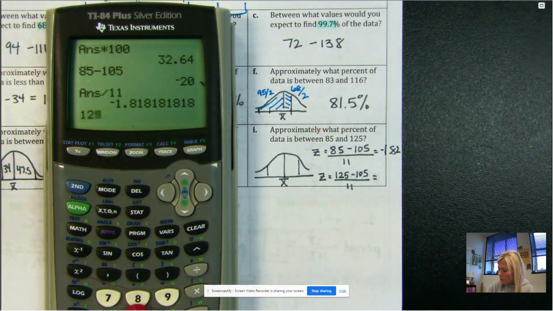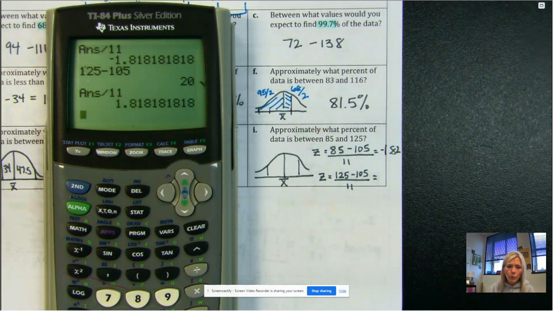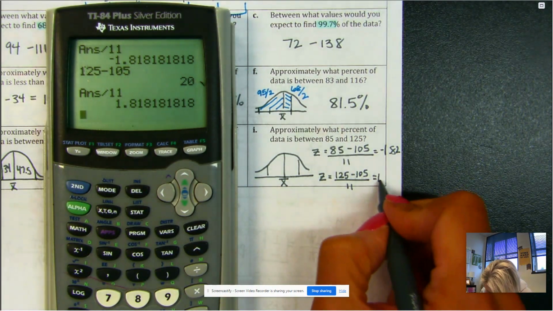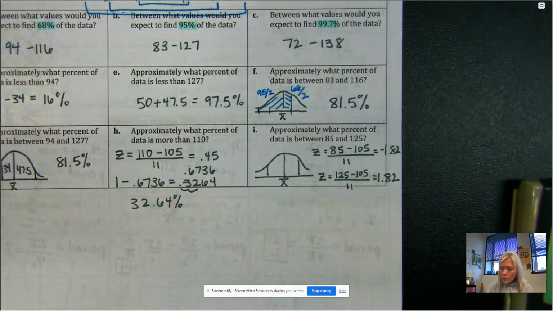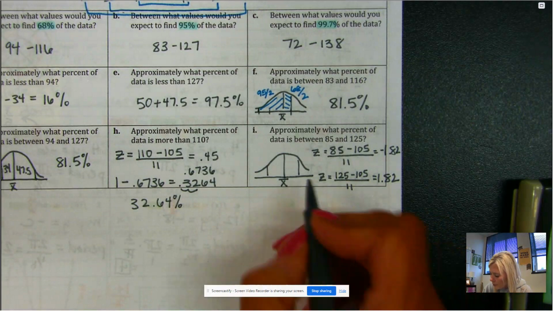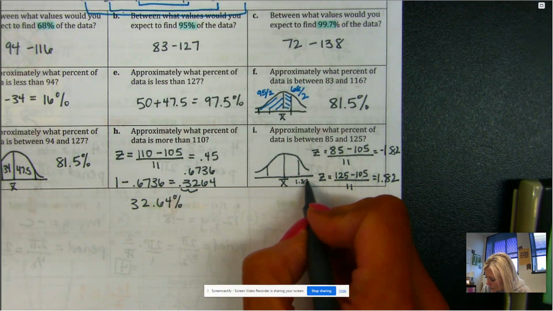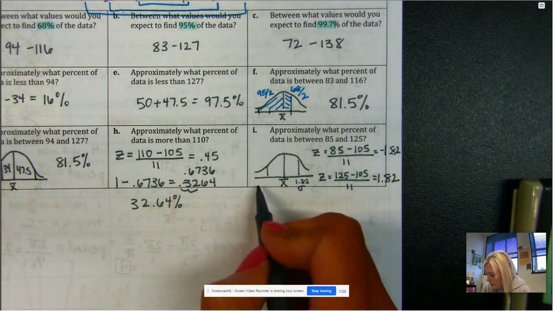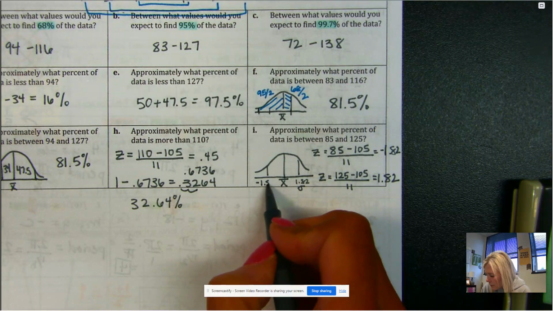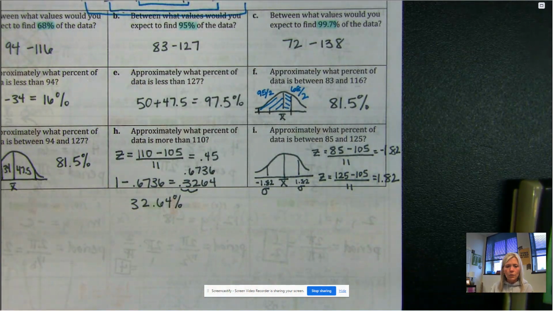So 125 minus 105 divided by 11, and that is positive 1.82. Okay. So what we just found is that this point right here is 1.82 standard deviations above the mean, and this one is 1.82 standard deviations below the mean. So that's what a z-score is.